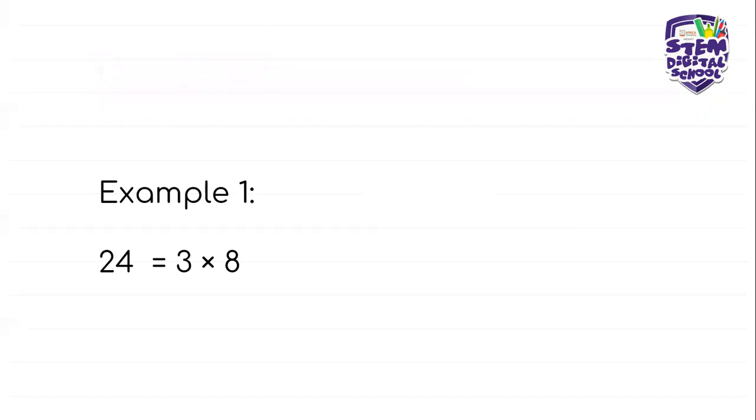So if you multiply 3 by 8, you can get 24. But equally, if you multiply 2 by 12, that will also give you 24. You can also multiply 6 by 4, and that will also give you 24.